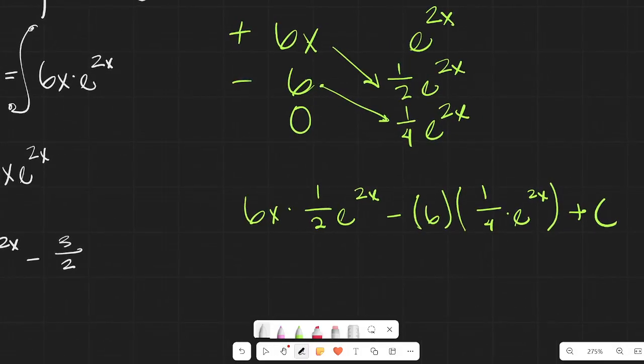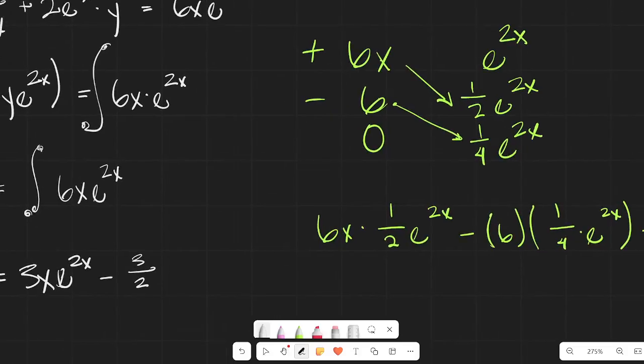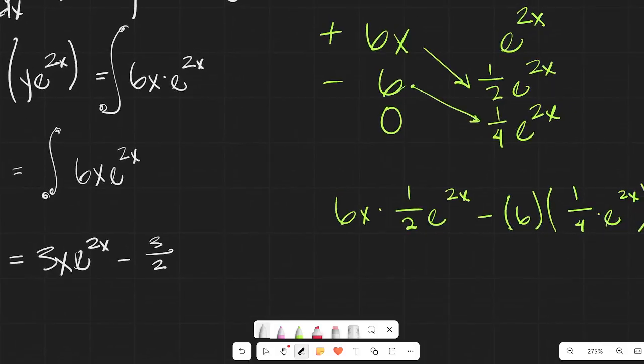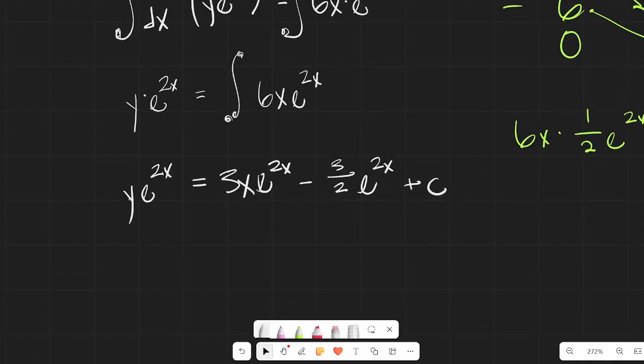Ooh, I think I messed up somewhere. Yes, I did. This should be a 3x, because there's an x here. And then minus 3/2 e to the 2x plus c. One more step, we've got to get y by itself.